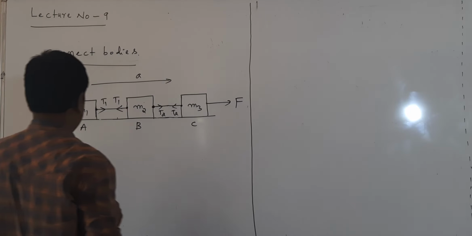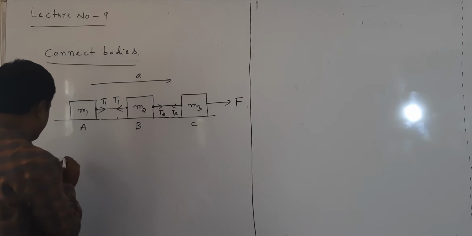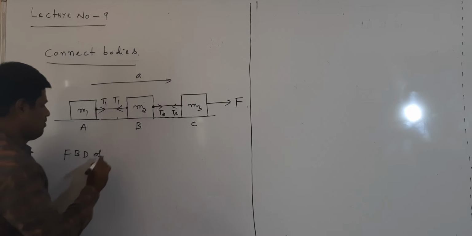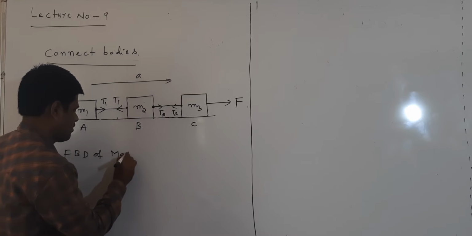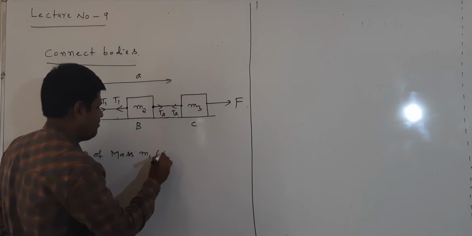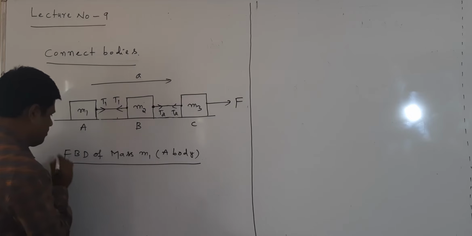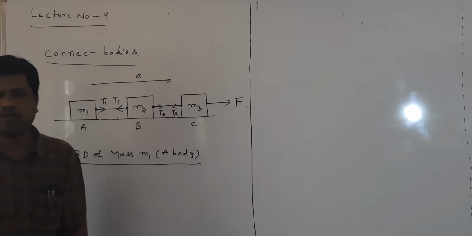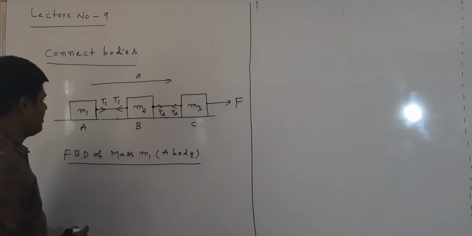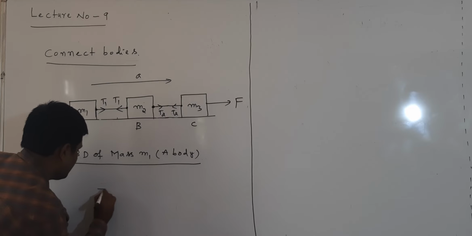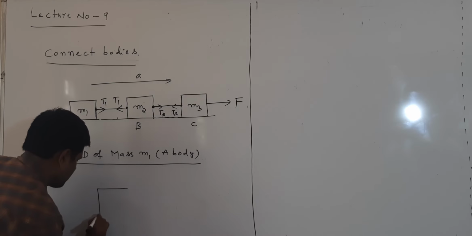Now listen clearly. Now the free body diagram of mass M1. M1 means which body? A body. For the A body I am drawing the free body diagram separately.